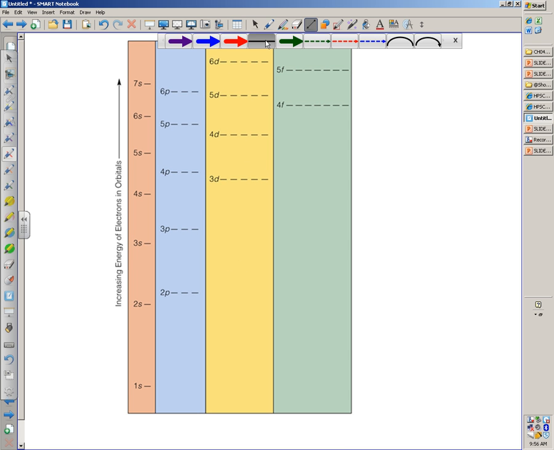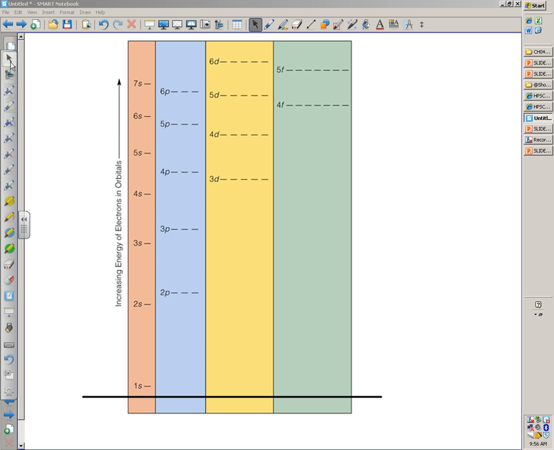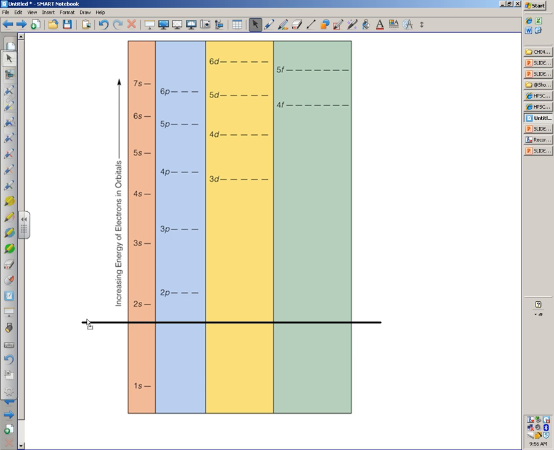Alright. So we said we just kind of start at the bottom and work our way up, right? So there's 1s, 2s, 2p, 3 orbitals, right? That's what the 3 lines represent. 3s, 3p, 3 orbitals again, because that's what the 3 lines represent. Then the next one we come across is 4s. The next one up from that is the 3d level, 5 d orbitals.